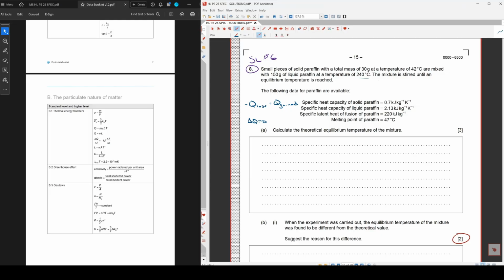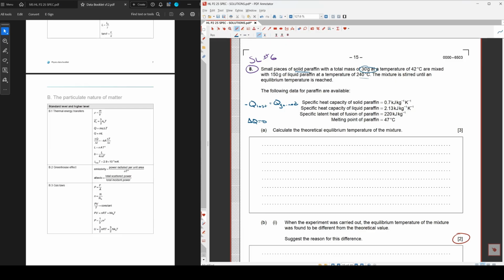So the hot stuff is going to cool down to melt the solid stuff, and then it's all going to equalize. So Q lost is just going to be the energy lost by the hot liquid. But the stuff being gained, let's think about the total amount of energy gained by this 30 grams of paraffin.